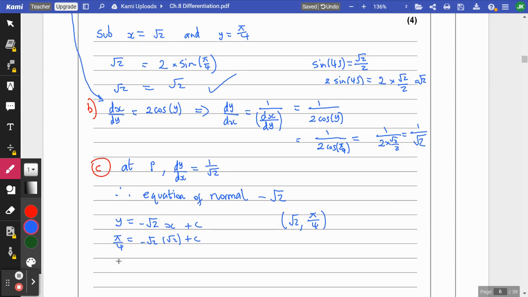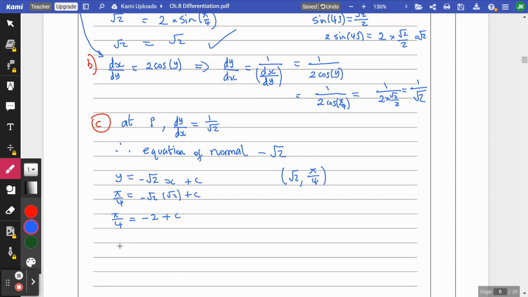So that tells us that pi over 4 is equal to minus 2, because root 2 times root 2 is 2. So the minus goes on the outside to minus 2 plus c. So therefore, we've got that c is equal to pi over 4 plus 2.